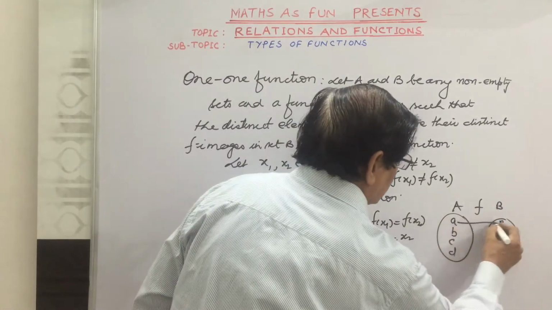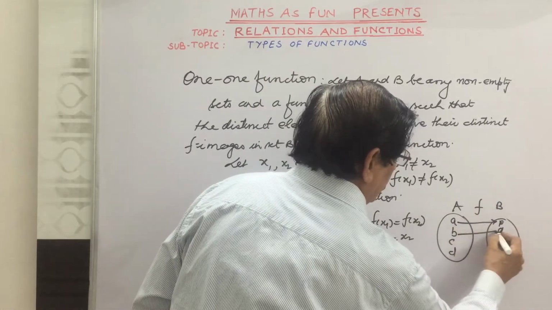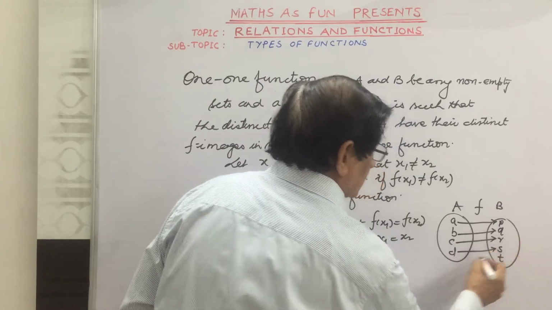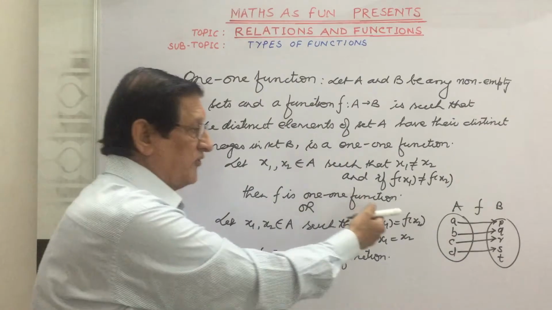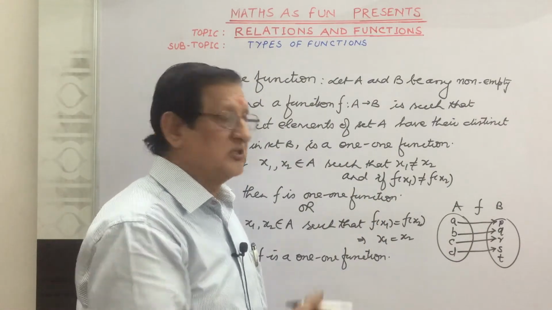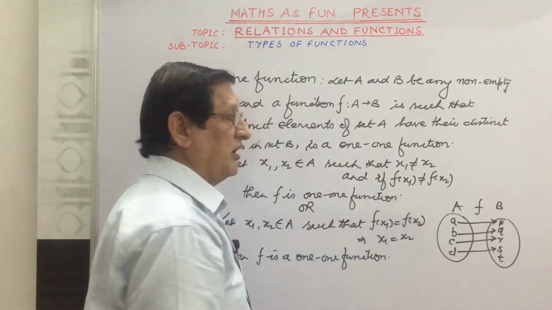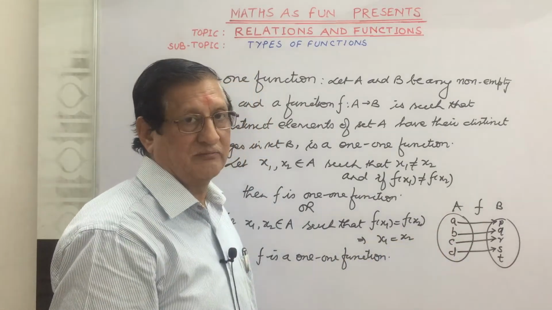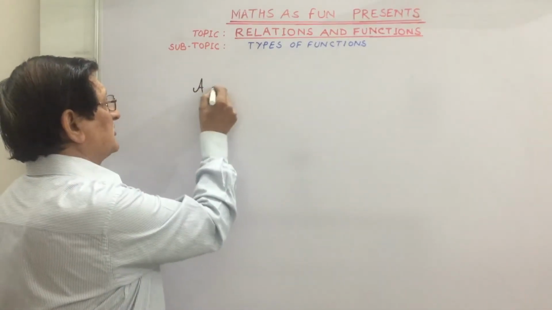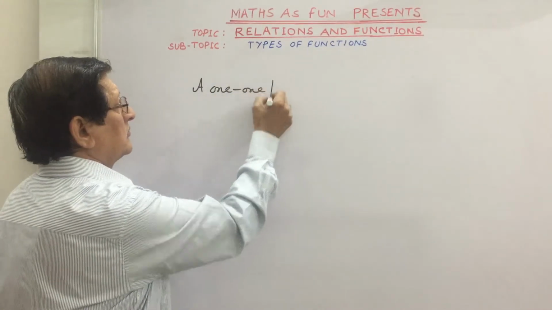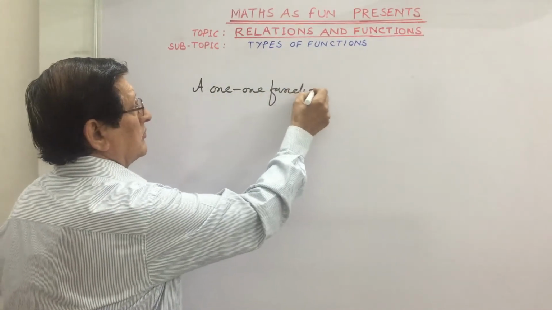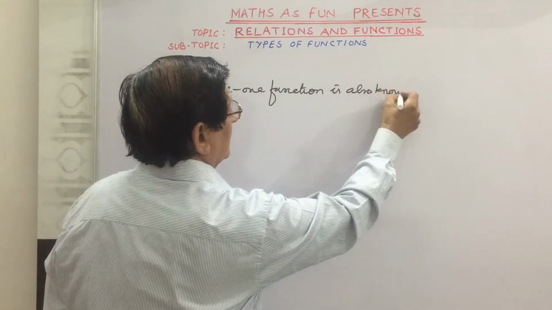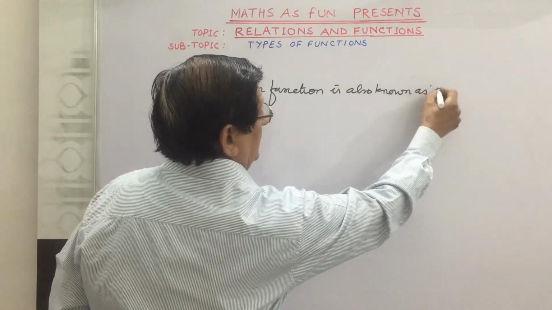Then A has the image P, B has Q, C has R, D has S. Then f is one-one function since distinct elements of set A have distinct images in set B. A one-one function is also known as injective.